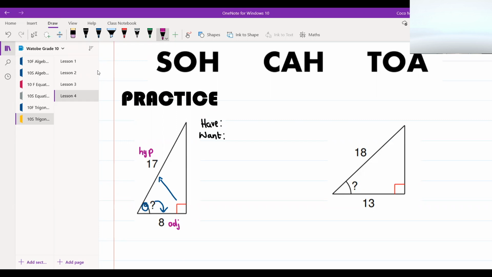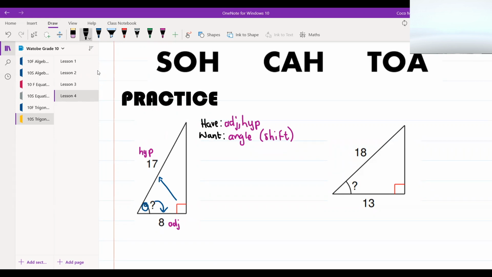All right. What do I have? So, we have the hypotenuse and adjacent side. Excellent. What do we want? The angle. Excellent. And every time we want the angle, what do we need to click? Shift. Excellent. Which one? SOH, CAH, or TOA?